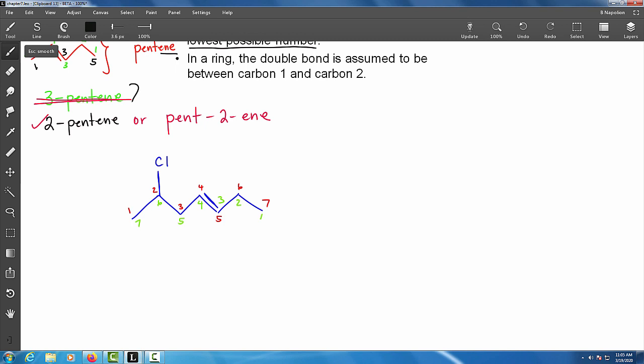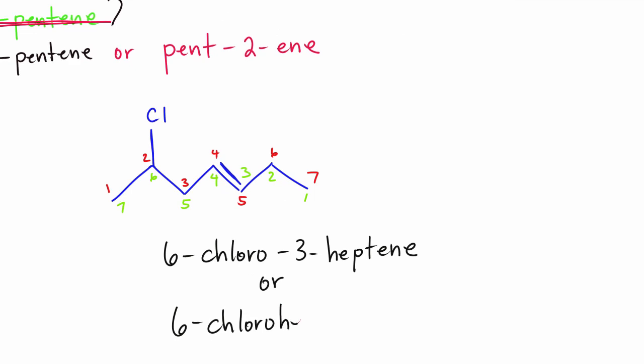So that means we would have 1, 2, 3, 4, 5, 6. We would have 6-chloro, and 1, 2, 3, 3-heptene, because I have 7 carbons. Or we can name it 6-chlorohept-3-ene.